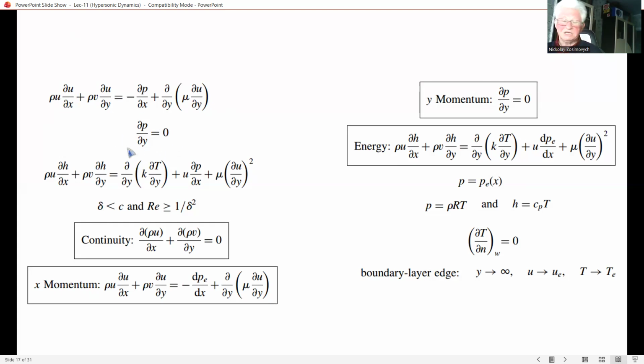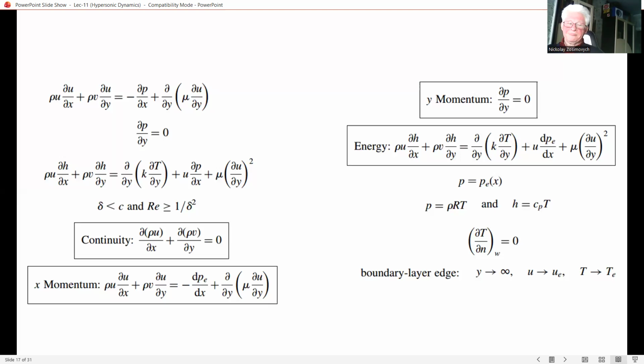This equation is very important. It states that at a given x station, the pressure is constant through the boundary layer in a direction normal to the surface. And this implies that the pressure distribution at the outer edge of the boundary layer is impressed directly on the surface without change.